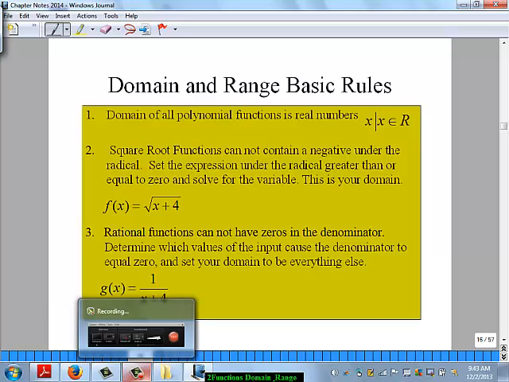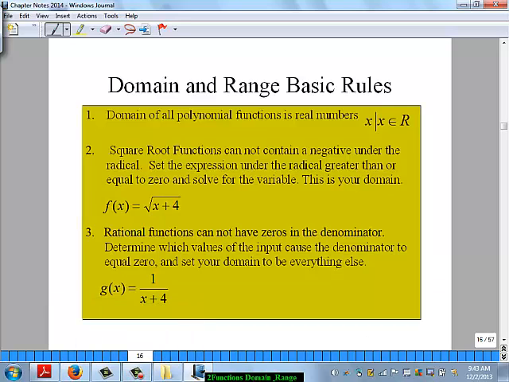Alright, some of our domain and range basics that we have. The domain of all polynomial functions are real numbers. So what we usually like to say a polynomial function is, I'll give you an example, would be something like y equals x squared plus 2x plus 2, or y equals 3x plus 4, for an example of a polynomial.